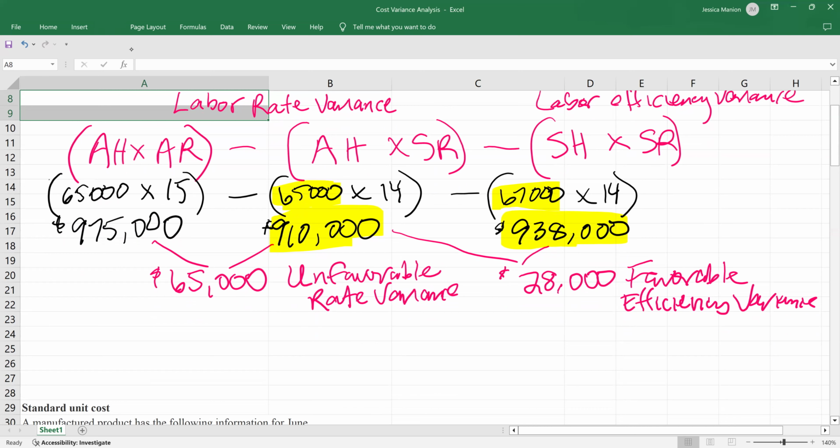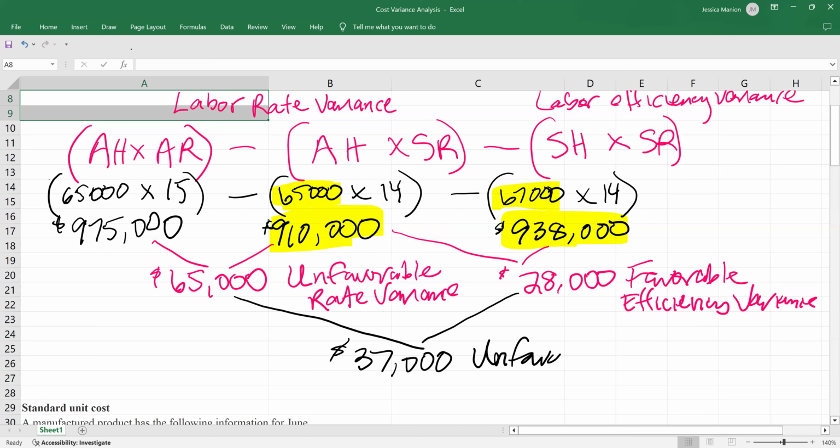So we broke it down into a rate variance and an efficiency variance, but the overall, the combination of these two, we got to think about that 65,000 like a negative, right? So 65,000 negative, plus that 28,000, we still have an overall 37,000 unfavorable direct labor variance.